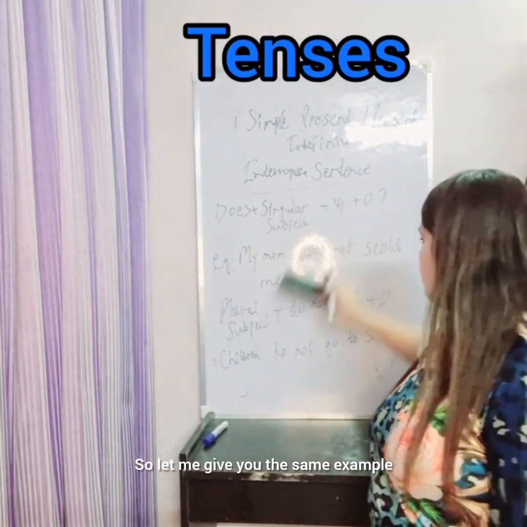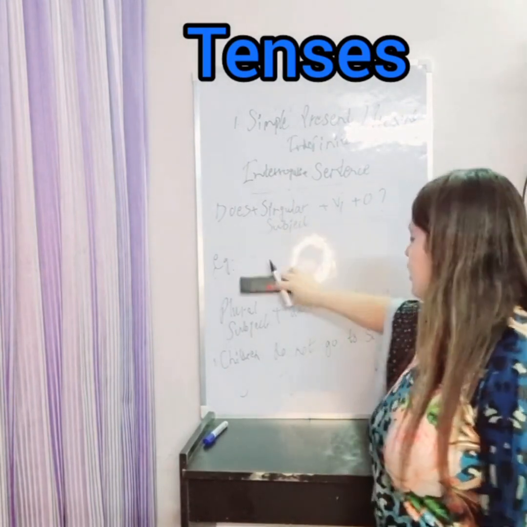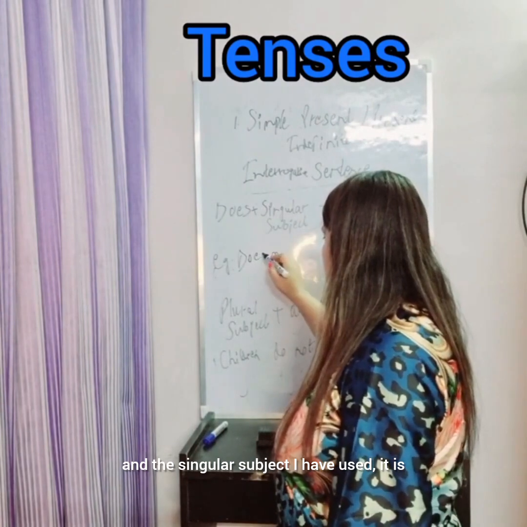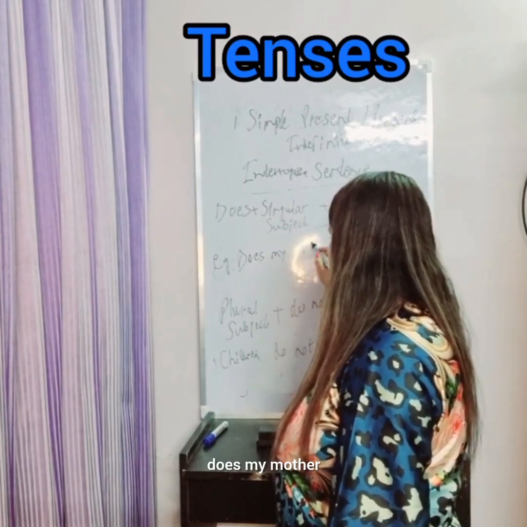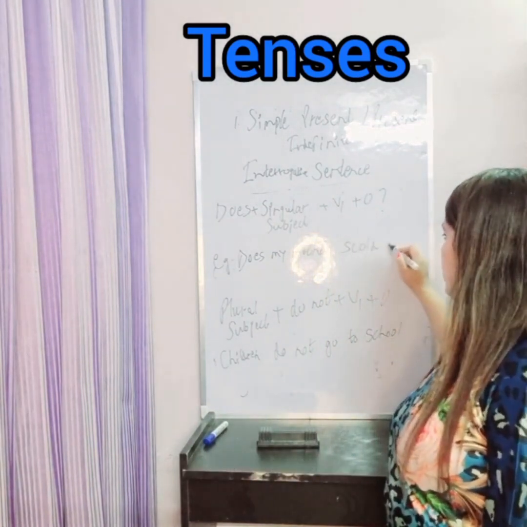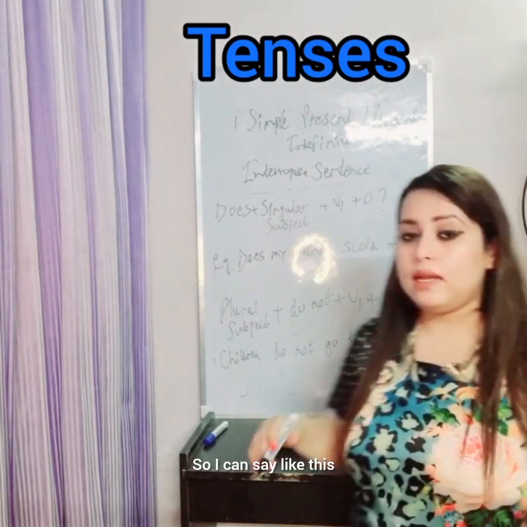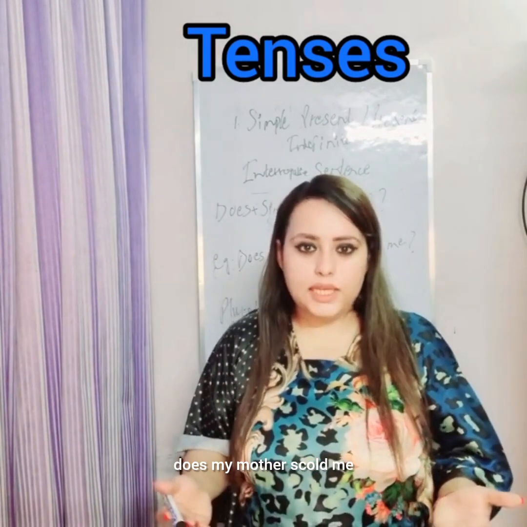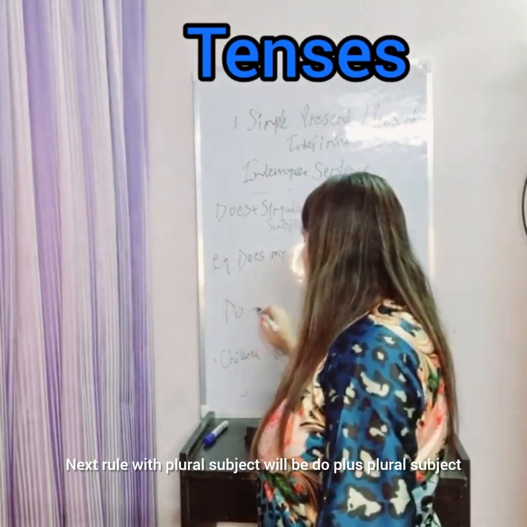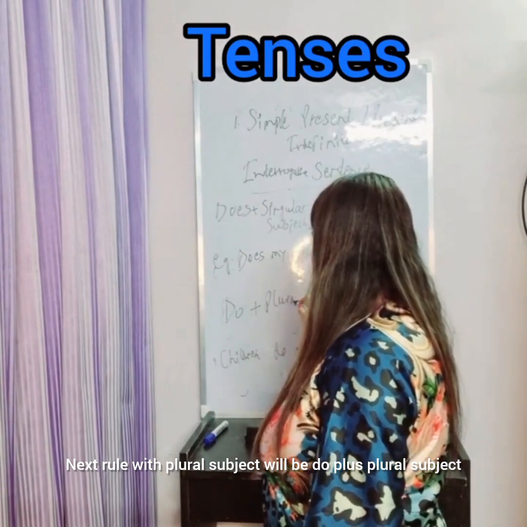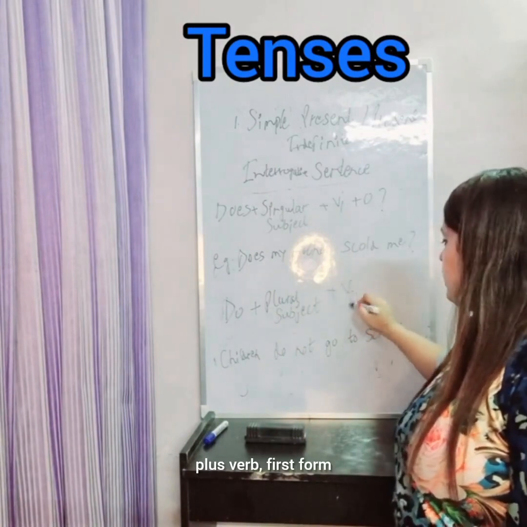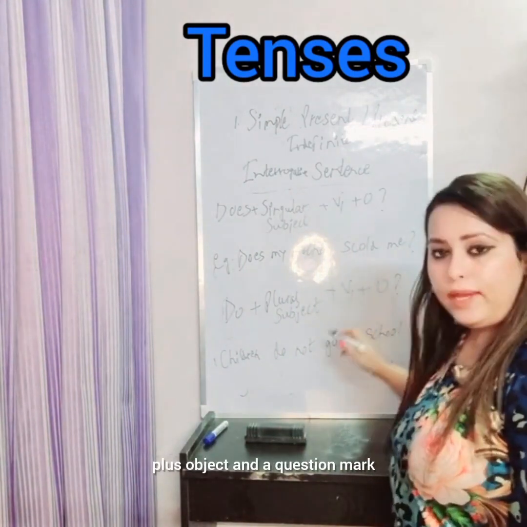So let me give you the same example. Does, and the singular subject I have used, it is my mother, and the verb is scold and the object is me. So I can say like this, does my mother scold me? The next rule, with a plural subject, will be do plus plural subject plus verb first form plus object and a question mark.